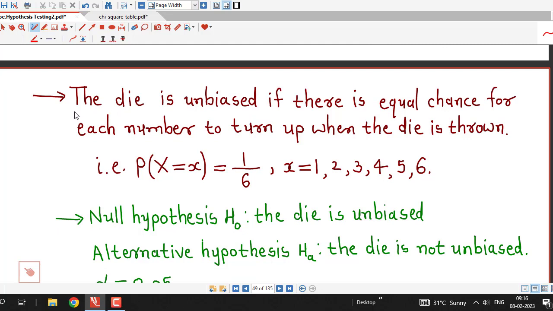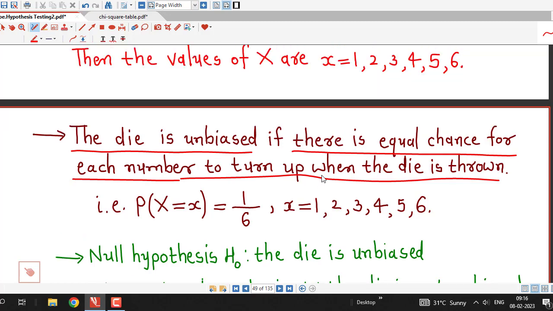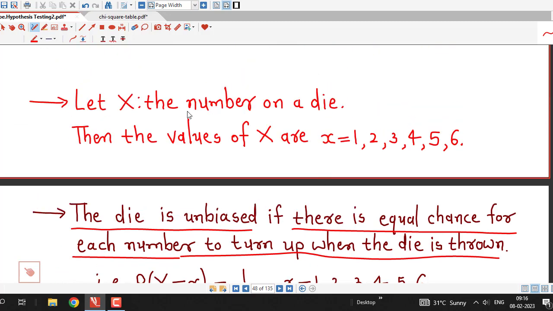First, I have mentioned that the die is unbiased if there is equal chance for each number to turn up when the die is thrown. That is, probability that capital X equal to small x is 1 by 6. Here we can consider capital X as a random variable which shows the number on a die.